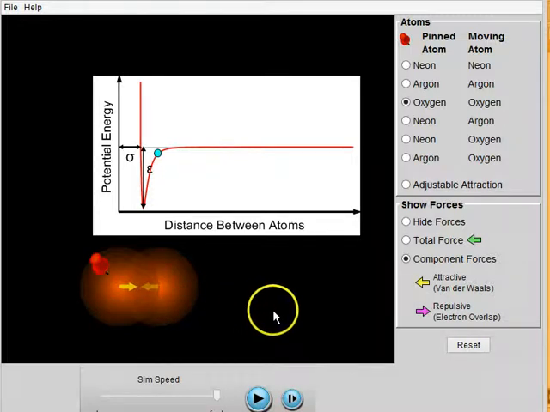That means that as I move these atoms closer and closer, this is nothing but the attraction between the electrons of one atom and the nucleus of the other. Do you agree with that? This is something we've done in class already. Nothing very complicated, but this is just a very cool simulation to show you the same thing.